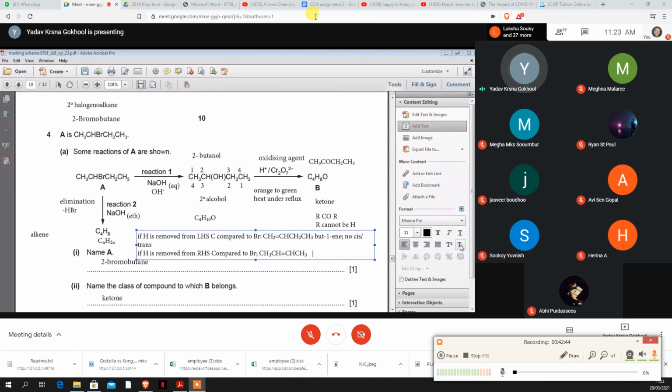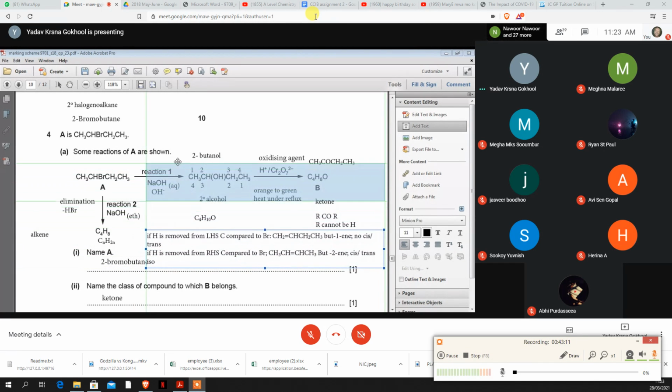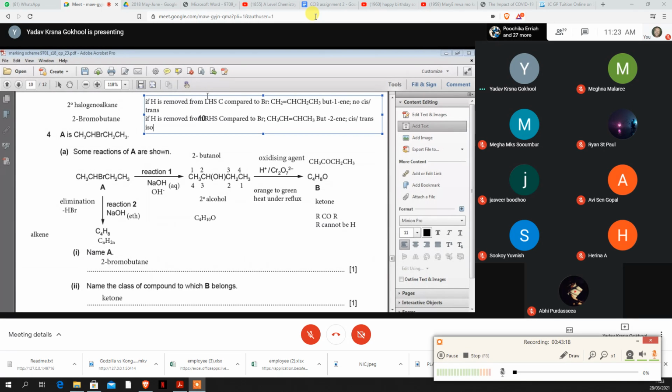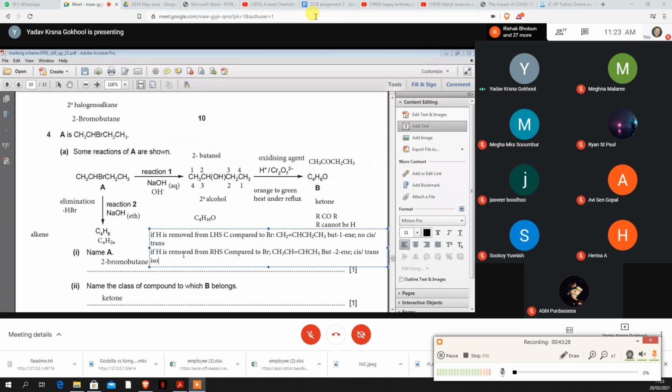This one will be but-2-ene. Cis trans isomerism will be present.